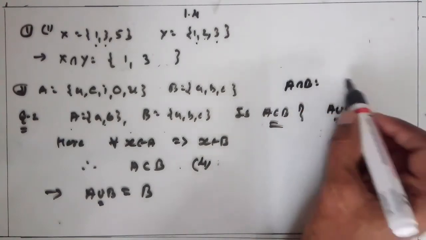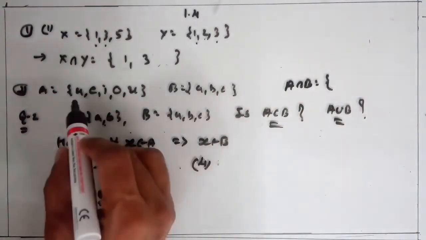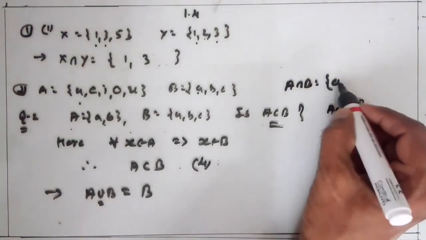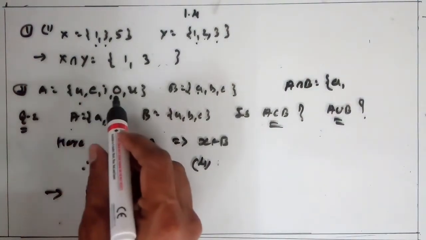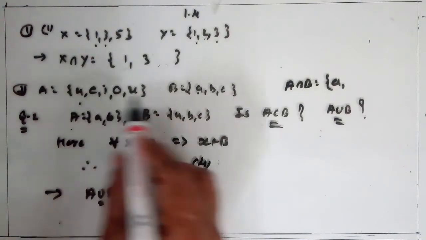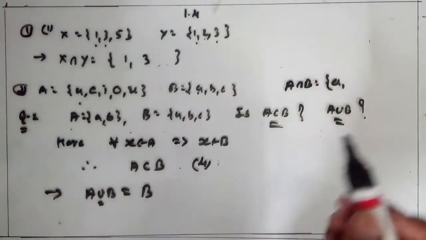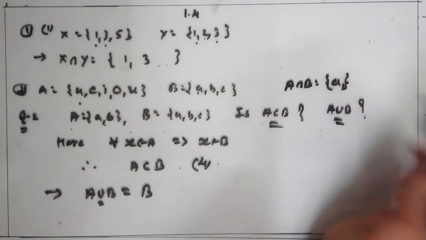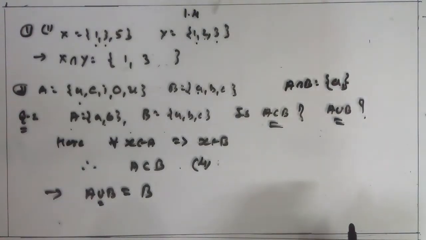A intersection B is equal to {a}, only one element a is common, so A intersection B is equal to {a}. Clear? Similarly, applying the same method, complete the remaining questions of this.